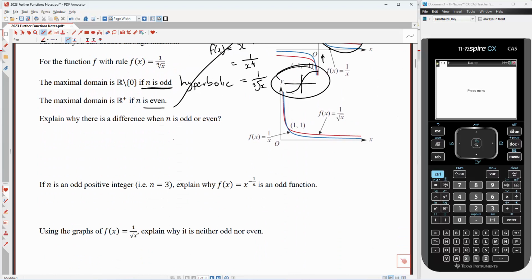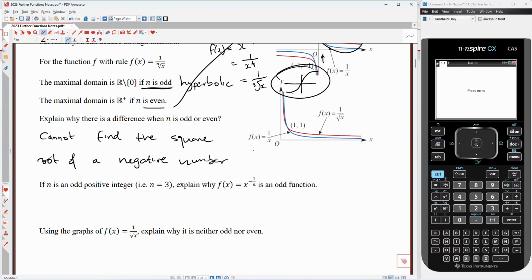So explain why there is a difference when n is even or odd. Basically, I'll summarize that as you cannot find the square root of a negative number.